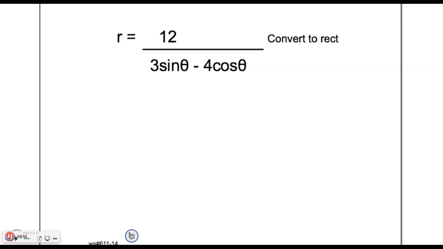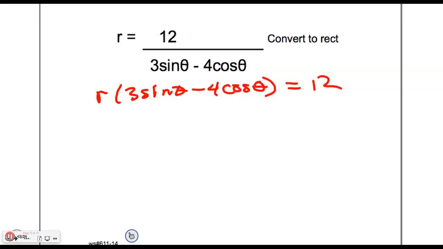Do you see it, Kaden? Yeah. Multiply the bottom over. Yep, go like this. That's legal. Plus, whenever we have fractions, we don't like them, so it's always a good move. Kaden, how is that going to help you introduce x's and y's? Factor the r in. Yep, and I'll have 3r sine theta minus 4r cosine theta. Thank you, Kaden.